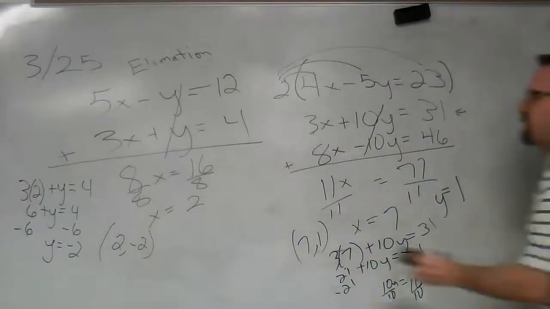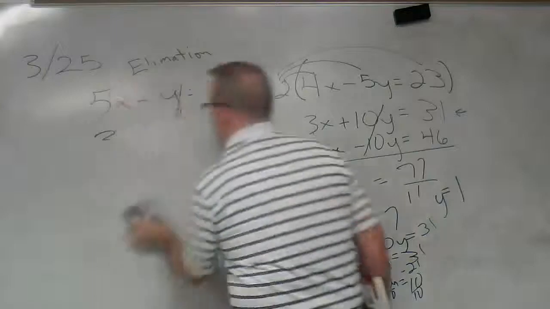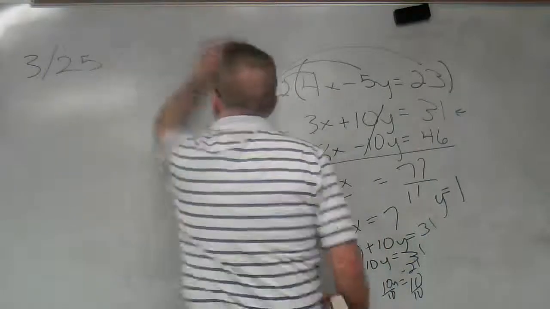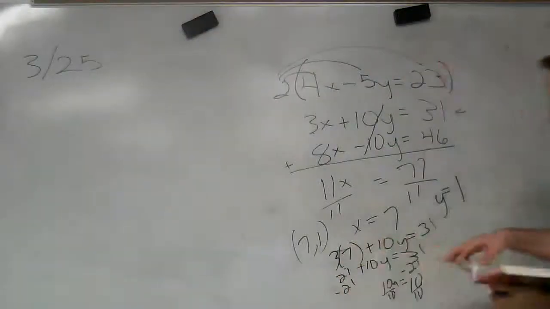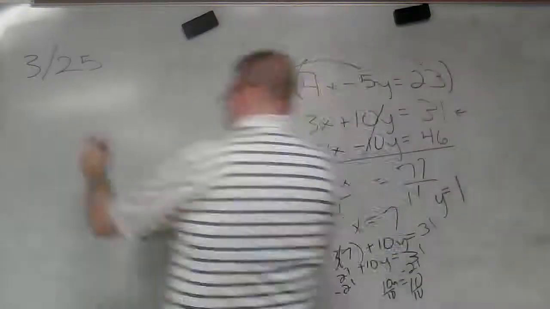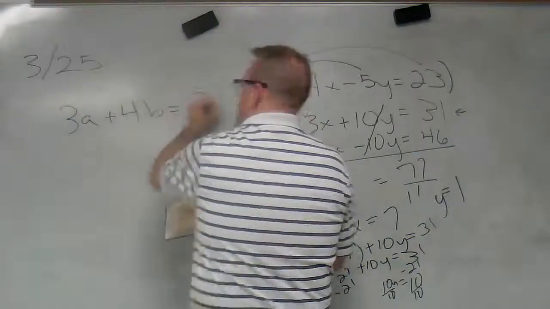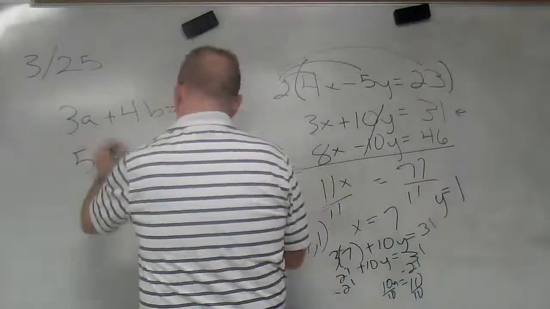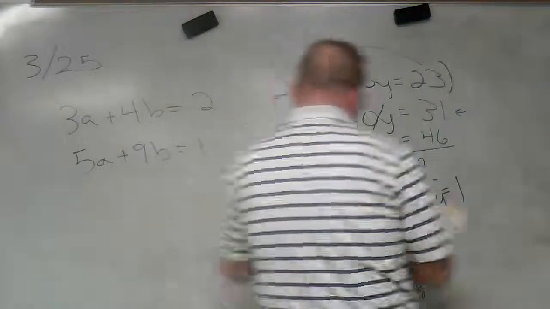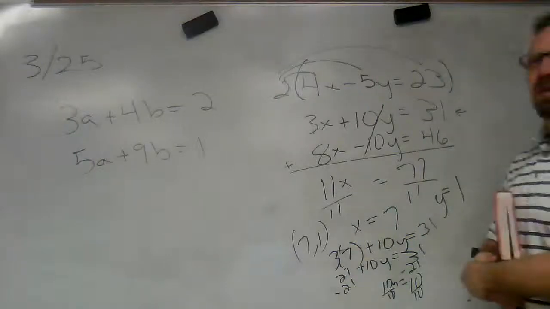Okay, let's do one more example. When you work these, you can do them with any of the three methods you want, but the key is whichever one you see first, they will give you the same answer. Like this one, we could solve for a, we could solve for b, but that's going to be more work.